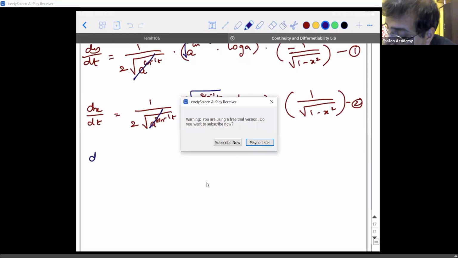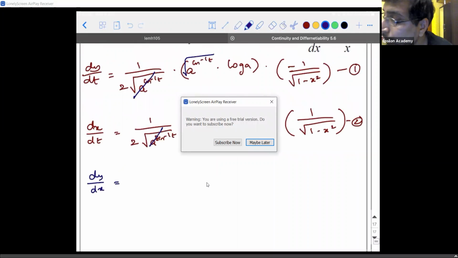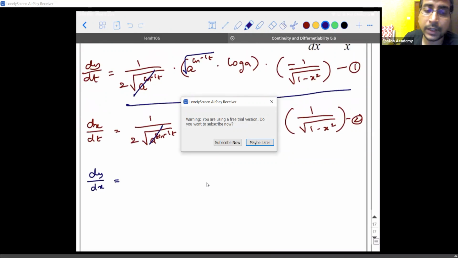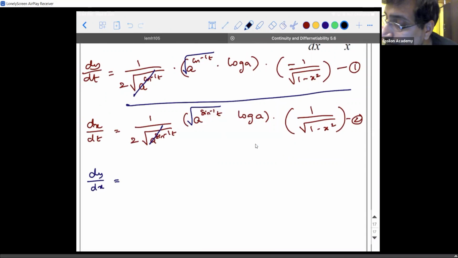So what is dy by dx, guys? When you do dy by dx, you're going to divide both. I'll try to finish in this step itself. So what will get cancelled? 2 and 2 are gone. Log a and log a are gone. 1 minus x square and 1 minus x square are gone.